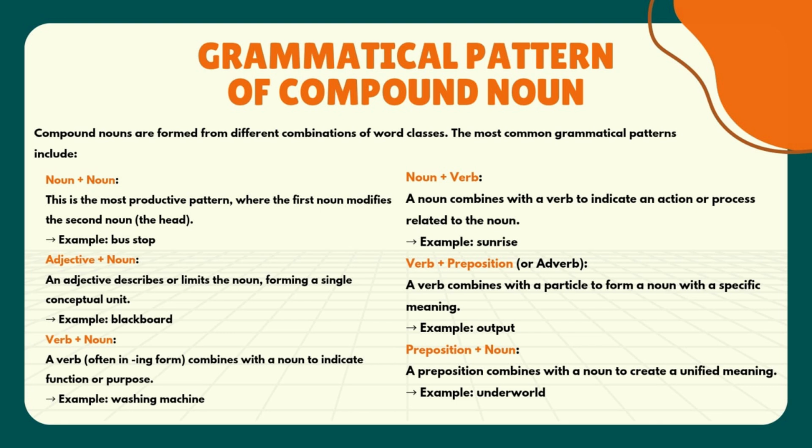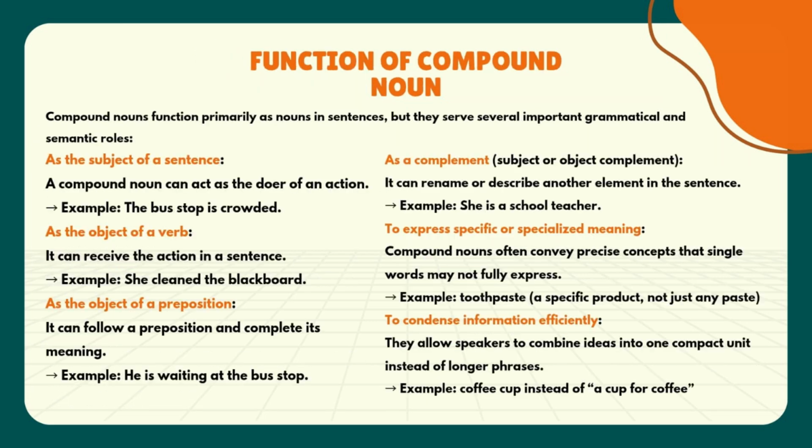For example, sunrise. The next one is verb plus preposition or adverb. A verb combines with a particle to form a noun with a specific meaning. For example, output. And the next and the last one is preposition plus noun. A preposition combines with a noun to create a unified meaning. For example, underworld.